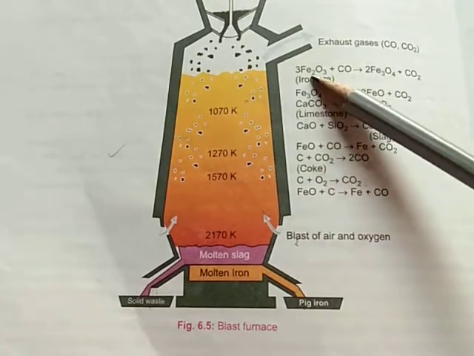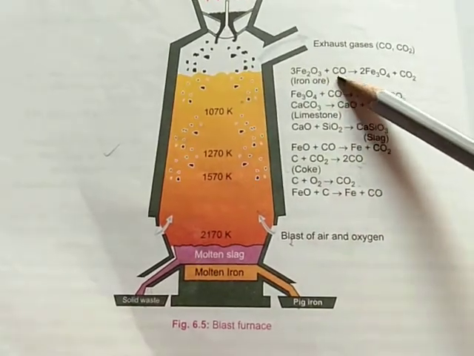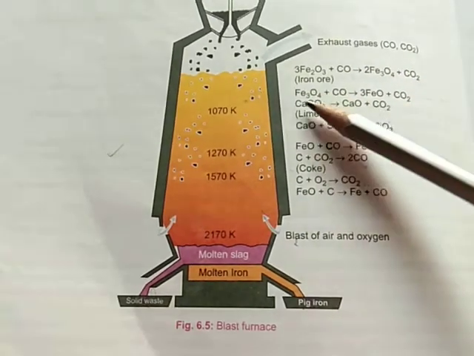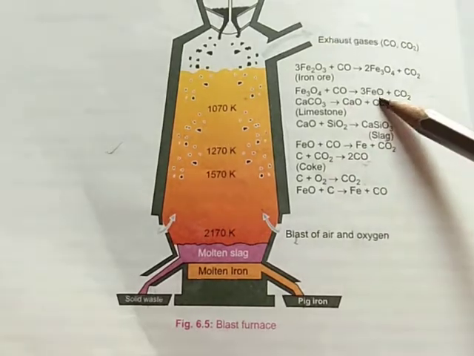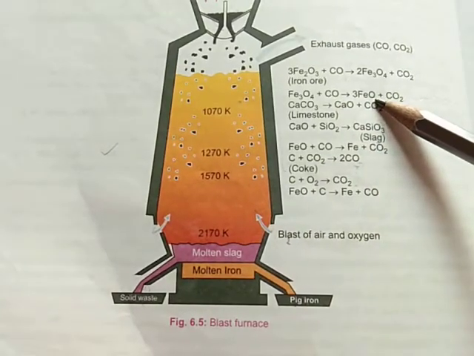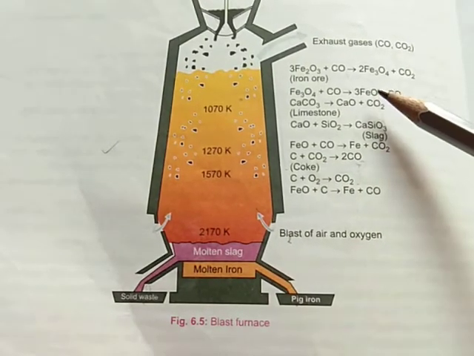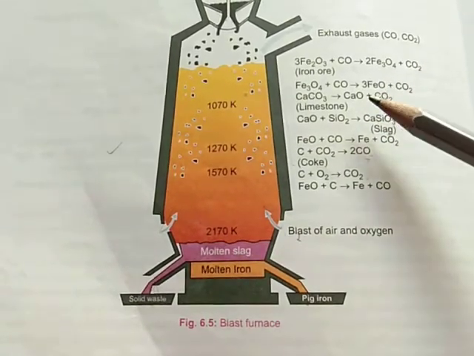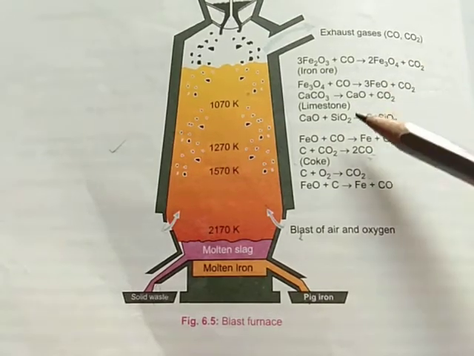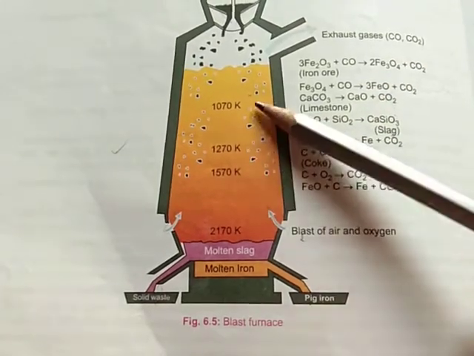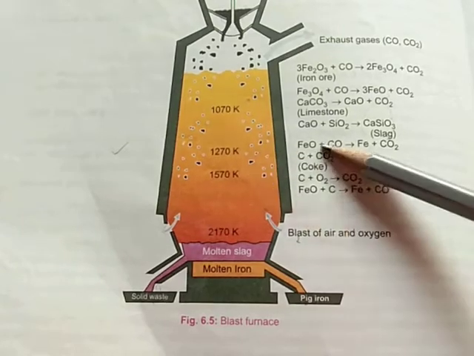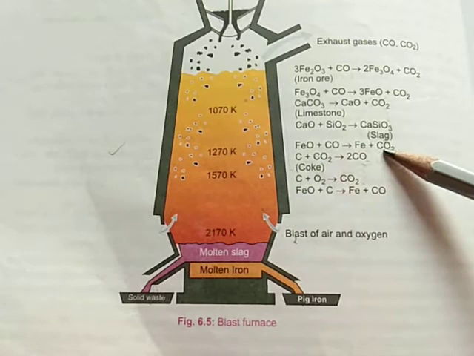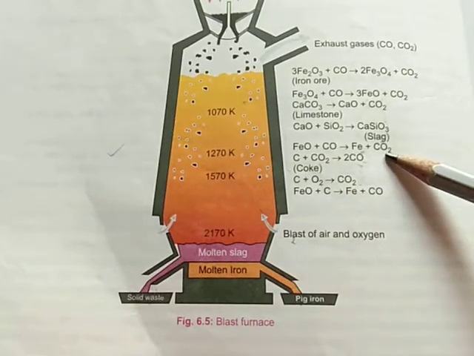In this zone, Fe2O3 iron ore in presence of CO forms Fe3O4. This Fe3O4 is converted into FeO, iron oxide. This spongy iron moves downward and melts in the fusion zone. Here FeO melts in presence of CO to form Fe plus CO2.